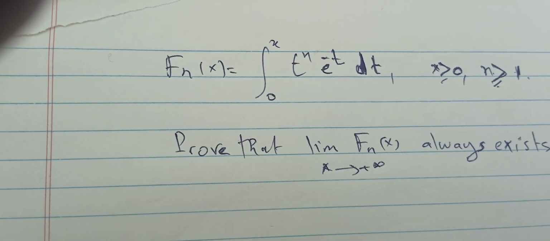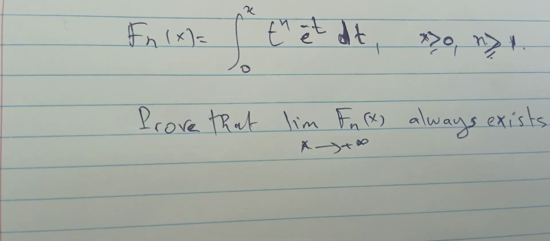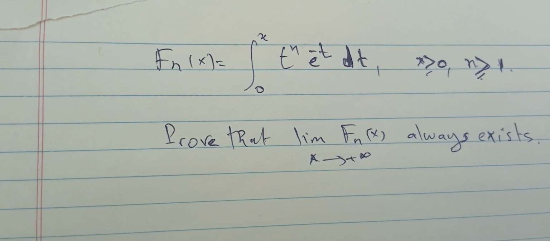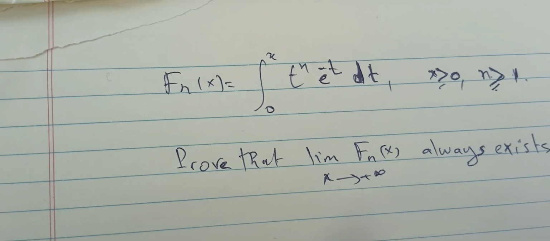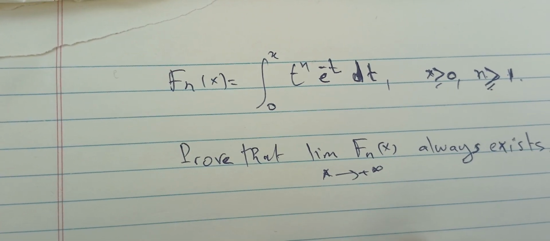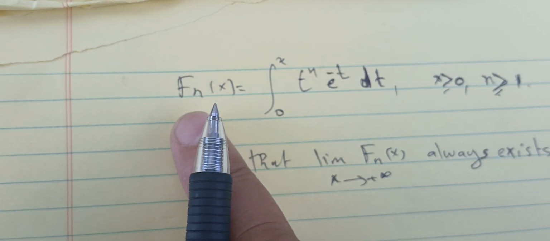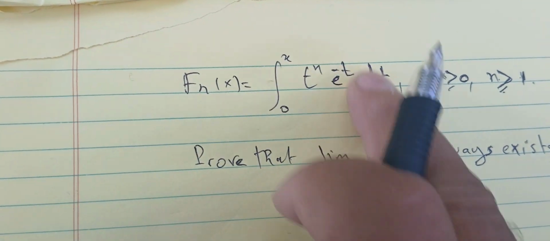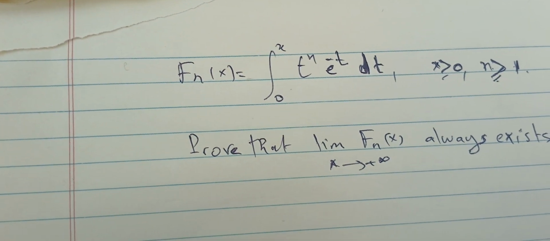Okay, how can we do that? So one way to do this is that we can use induction. We start by noting that when n is 1, we can easily integrate and take x to infinity.